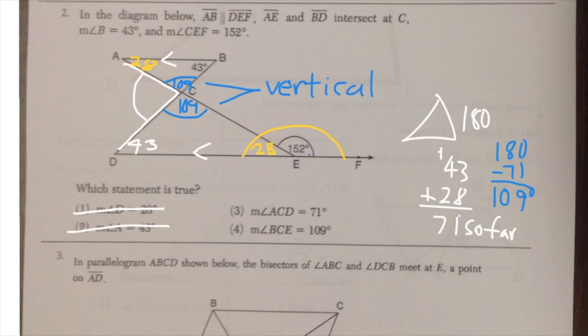ACD, well, that would be 71 because these two angles are linear. So the rest of that 109 would be 71 to finish the 180. And BCE 109? Well, BCE is this angle here, and that's not 109. So it would be choice 3.